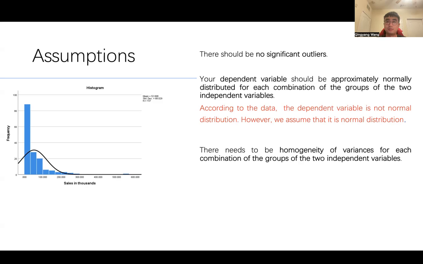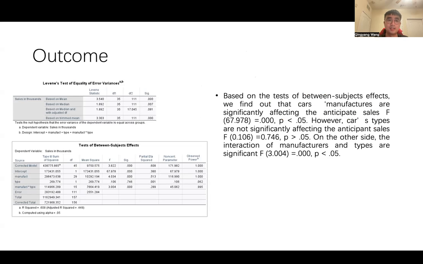Let's move on to my outcome. Based on the tests of between-subjects effects, we found that the car manufacturers significantly affect the anticipated sales; the p-value is 0.000, which is very much less than 0.05, which means it's very significant.